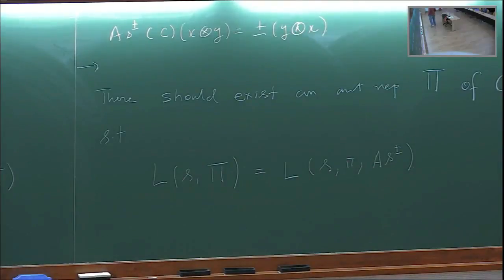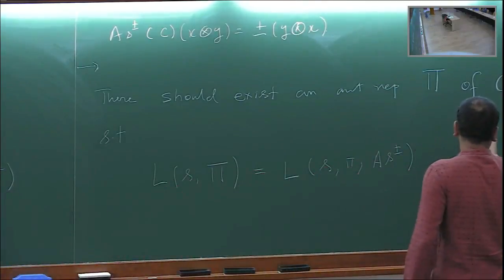Here little pi is an automorphic representation of G1.